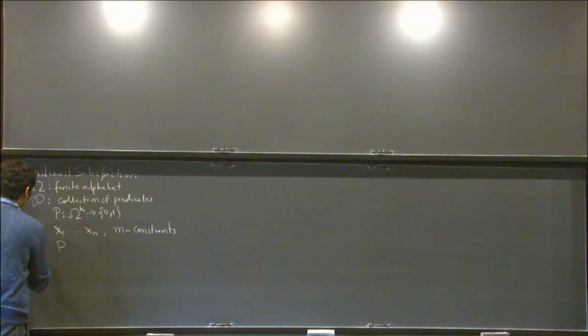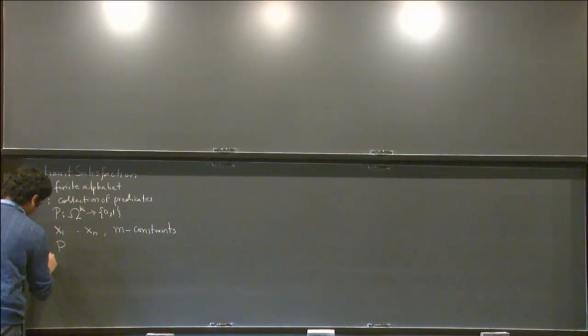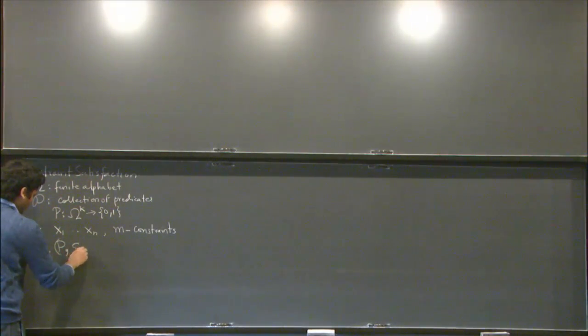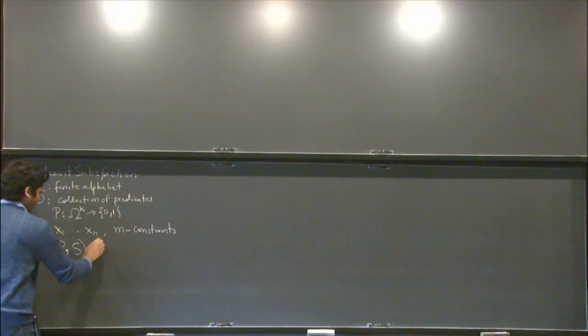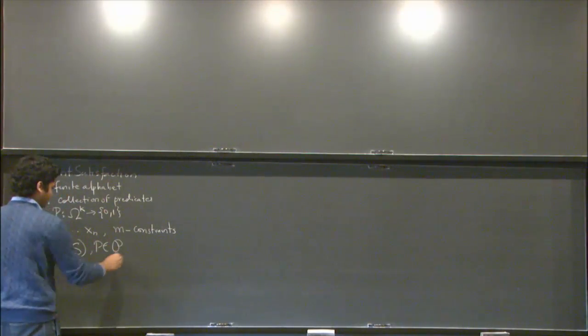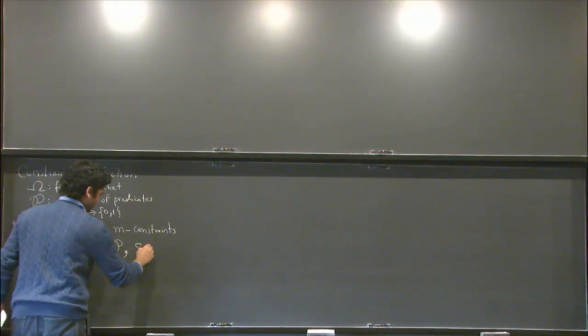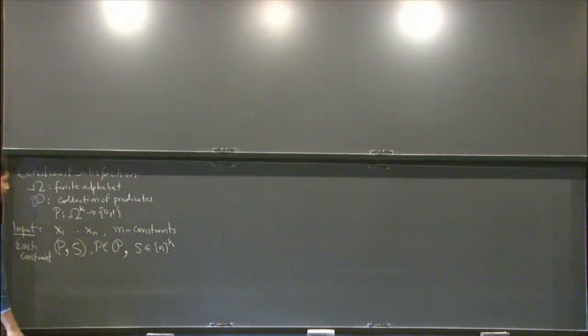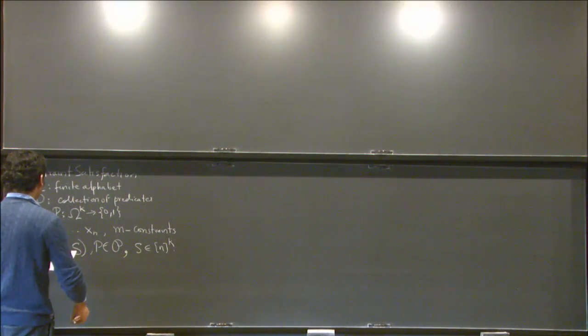So each constraint is an ordered pair (P, S), where P is in this set of predicates that are allowed, and S is just a k-tuple of the n variables.